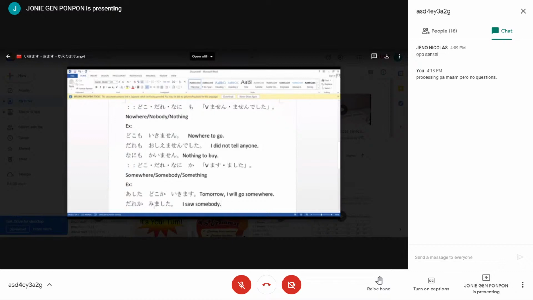So mimashita is or the present tense of mimashita is mimasu, meaning to see. Okay, and then nilagyan natin ng mashita or we change the masu to mashita, it will become now in the past tense. That's why I use the so. Okay, I saw. And then dareka is somebody. Yan. Okay, so I saw somebody in Nihongo is dareka mimashita.